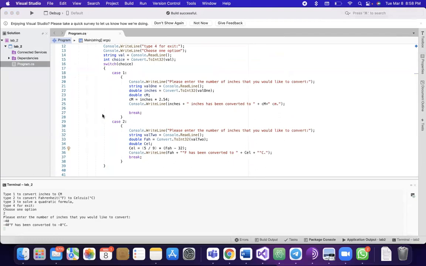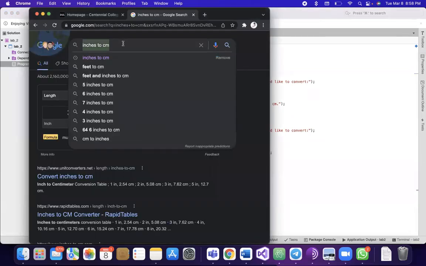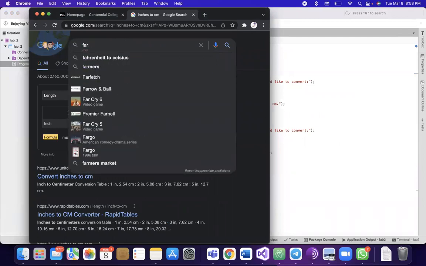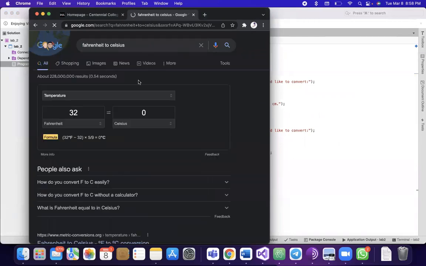So that's incorrect, actually. It should have been negative 40. Honestly, the formula is right though. So I think we have to write an exception: if the value is negative 40, it has to output negative 40. Oh wow, that's interesting.